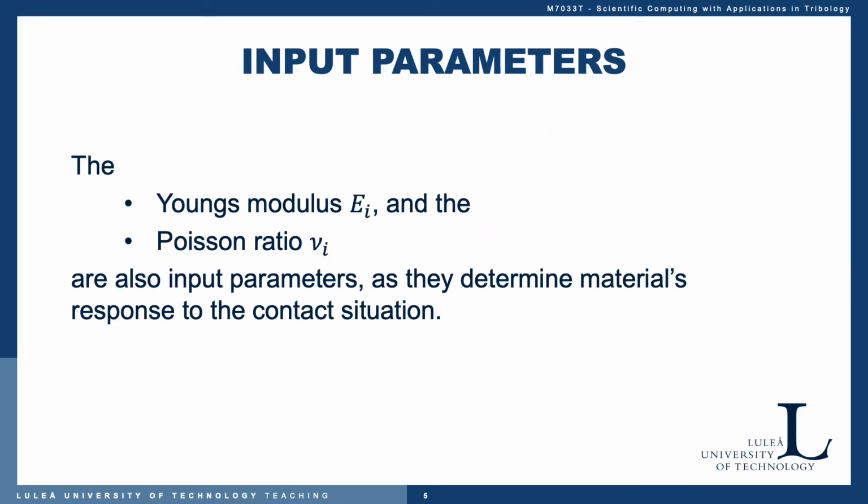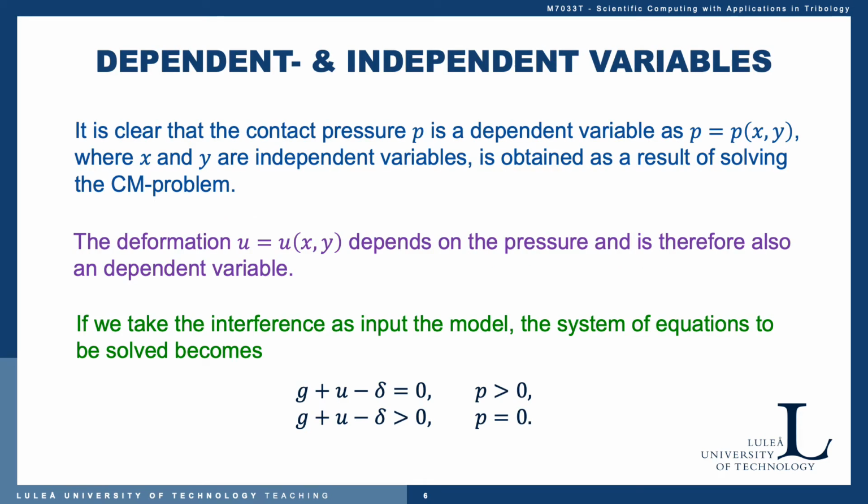Other input parameters to the contact mechanics problem, at least for linear elastic materials, are the Young's modulus and the Poisson ratio. I believe at this point it is perfectly clear that the pressure is a dependent variable. The pressure is a function of x and y, where x and y are independent variables, and we obtain P by solving the contact mechanics problem.